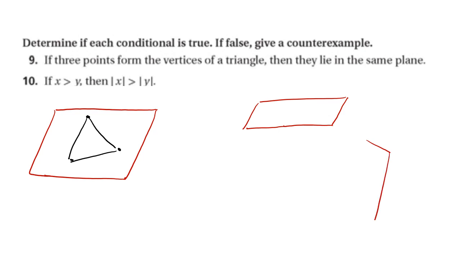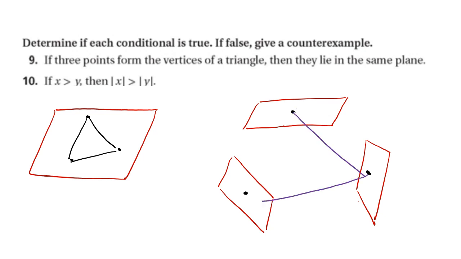So 3 flat surfaces facing in any direction, and you could have a vertex in each one, therefore still creating a triangle even though they are not in the same plane. So number 9 is false because they don't have to lie on the same plane.